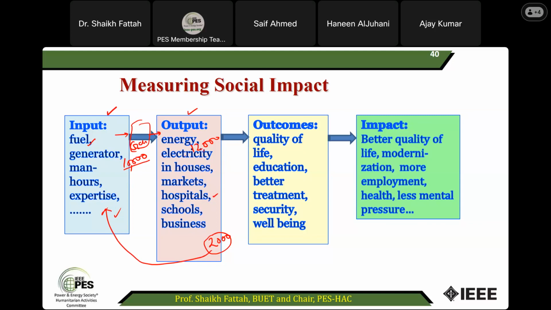But at the same time, I have a clear study that with the help of this electricity, I took it to this school, and at the same time, I took the electricity connection to a hospital.